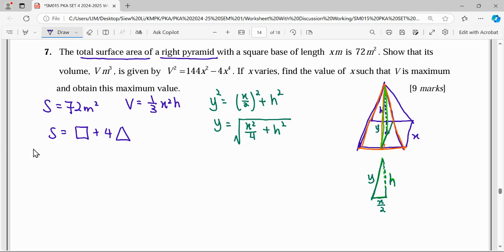Okay. Surface area 72. Square at the bottom, x squared. There are 4 triangles. A triangle is 1/2 the base times the y. Understand? So this one can be cancelled. So 72 equals x squared plus 2x. What's your y?